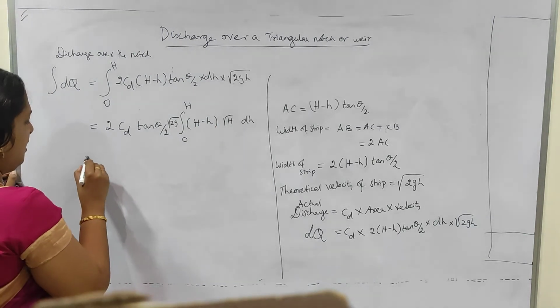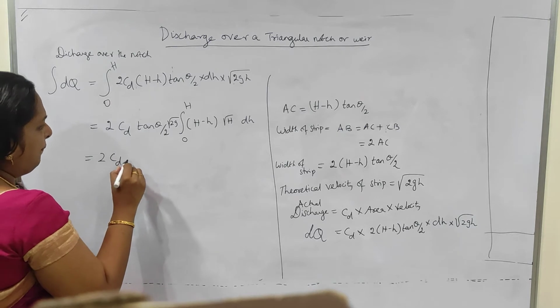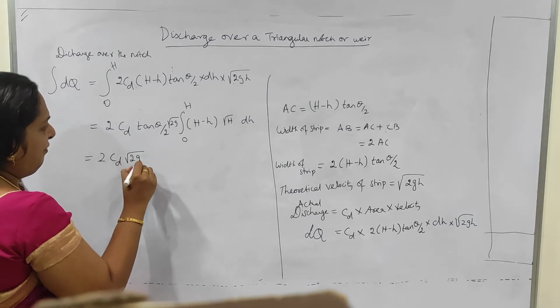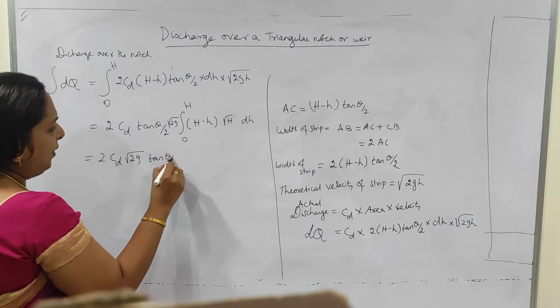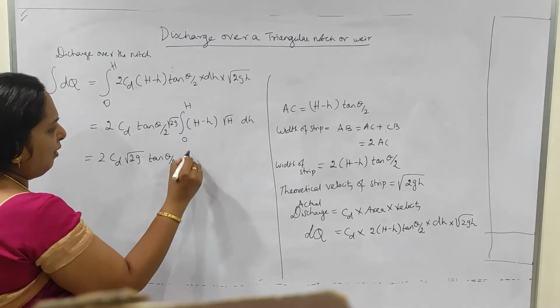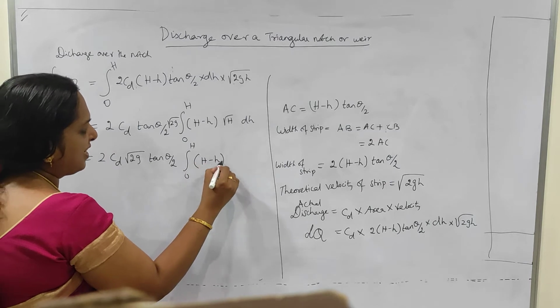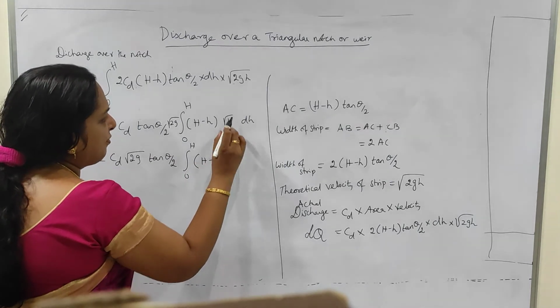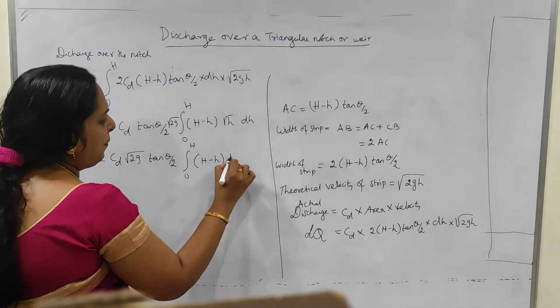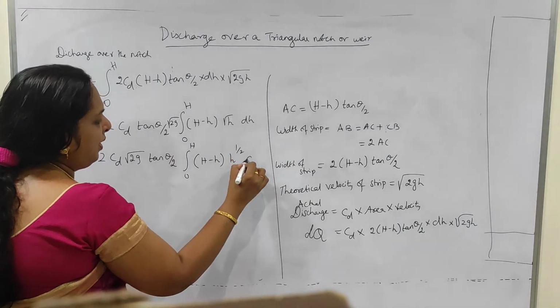Just rearranging this once again: 2 Cd root 2g tan theta by 2, the integral from 0 to H of (H minus h) into small h to the power of 1 by 2 into dh.